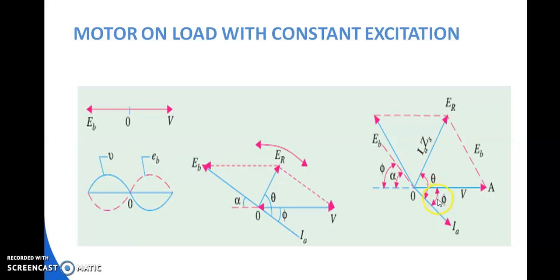Phase angle has increased, and also the ER, the resultant EMF, has increased. This is IA into ZS. This is the angle between ER, the resultant EMF, and armature current, that is theta. Yes, one more thing, this EB can also be drawn here, its reflection can also be drawn here.